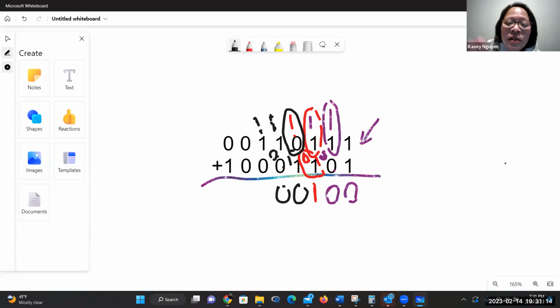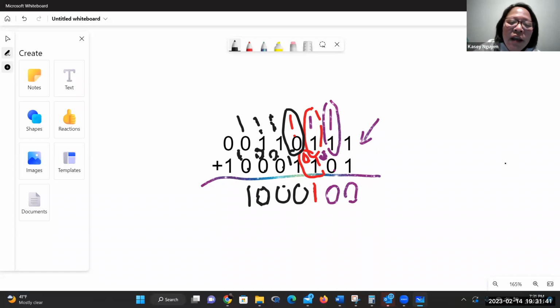I draw on my screen too often. Sometimes it's losing. All right, 1 plus a 1 is a 0 with the carry, right? A 0 plus a 0 is a 0. 1 plus a 0 is a 1. Take this 1 and add it to the bottom. So 1 plus a 0 is a 1.